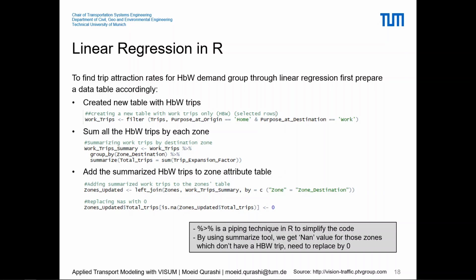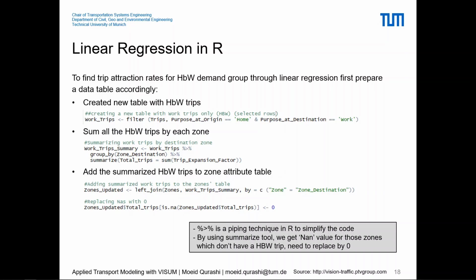Simple. And then we will add this information on home-based work trips to the zone table. So we left join the work trip summary into the zones table, and now this table is what we needed to use in the linear regression for finding the attraction rates.